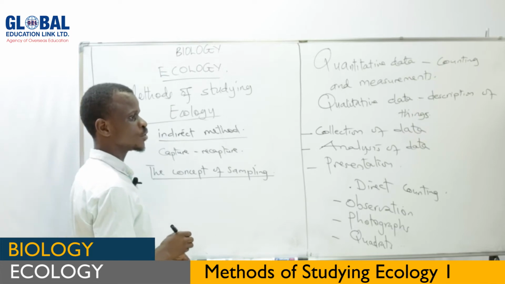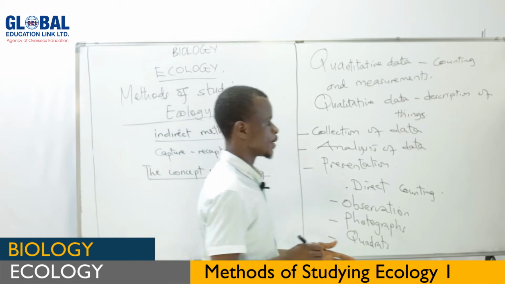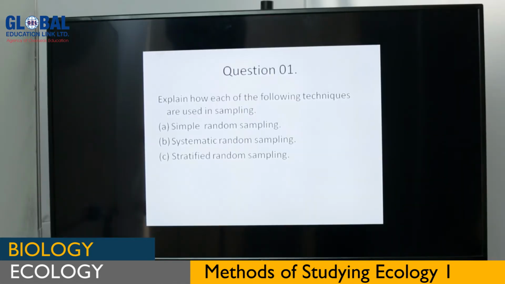I have prepared a guiding question for you. Let us start with question number 1. Explain how each of the following techniques is used in sampling. A. Simple random sampling. B. Systematic random sampling. And C. Stratified random sampling.